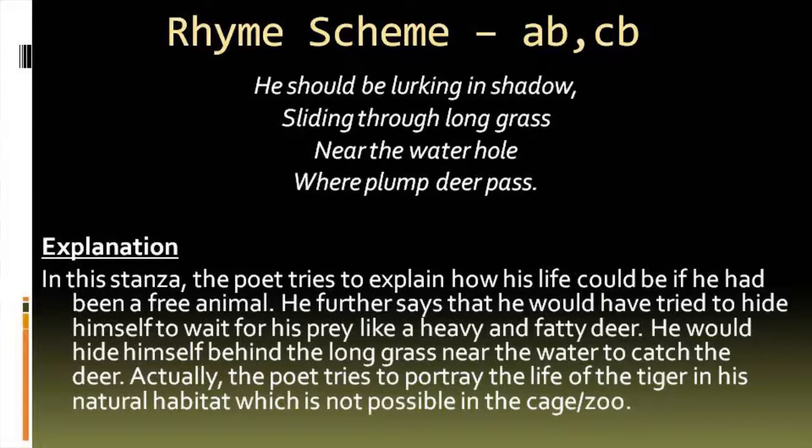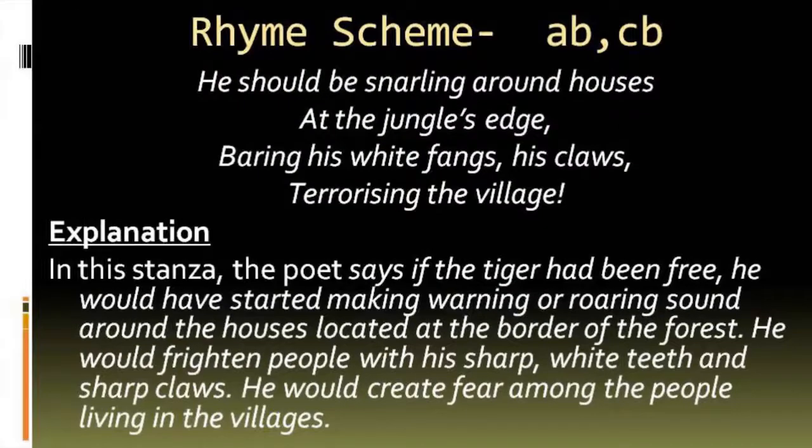The prey could be any animal. He has given the example of deer, who would stop nearby the water body to drink water, and the tiger would attack and kill it. So this would be the life of the tiger if he were not in this cage. This is what is explained in this stanza.